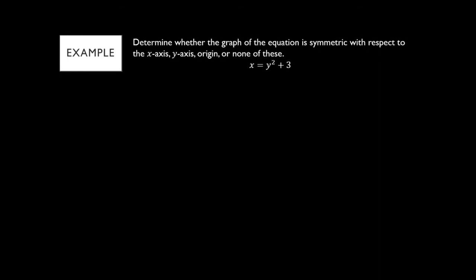Okay, so here's another one, and this one is just like the one we did, but now it's solved for x instead of y. So we're basically flip-flopping the x and y, and then you'll see what this does to our symmetry. We're going to be testing the x-axis, y-axis, and origin.